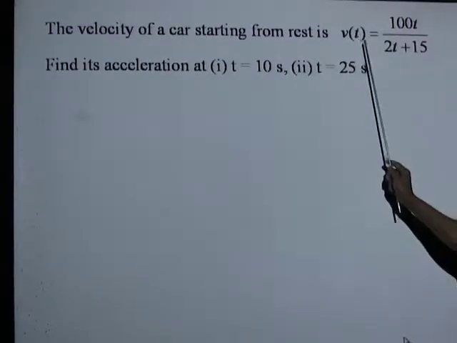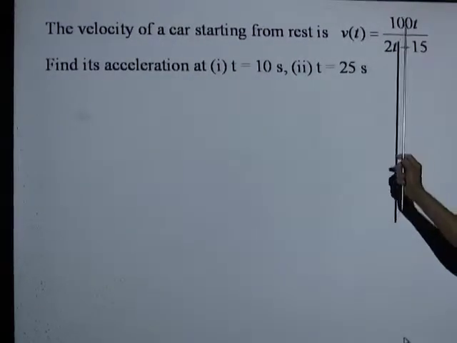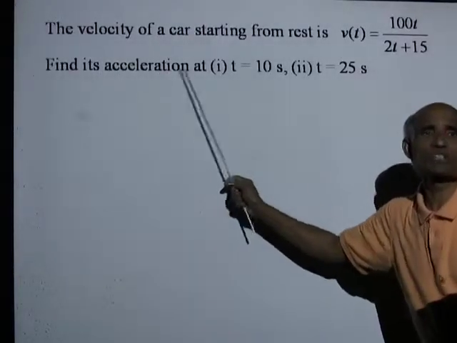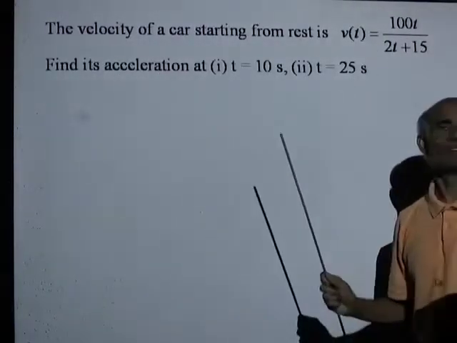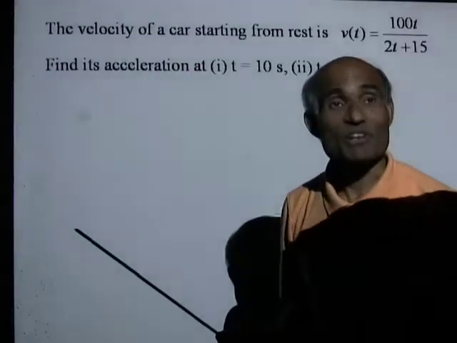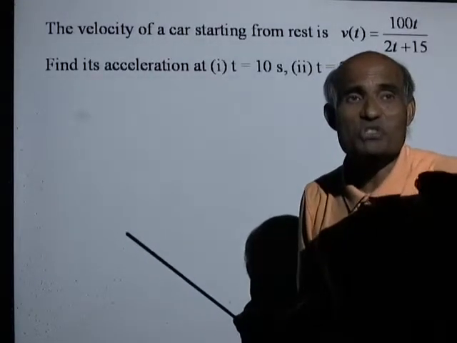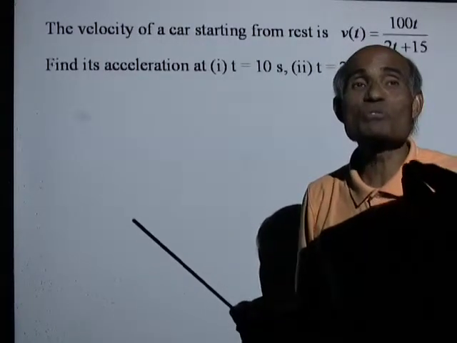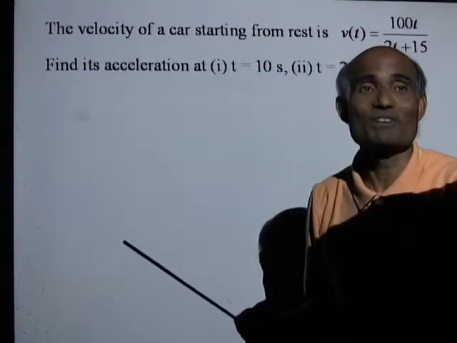Well, you are given the velocity function. You need to find the acceleration. How do you get the acceleration from velocity? Remember, acceleration is the rate of change of velocity. In other words, acceleration is the derivative of the velocity function.